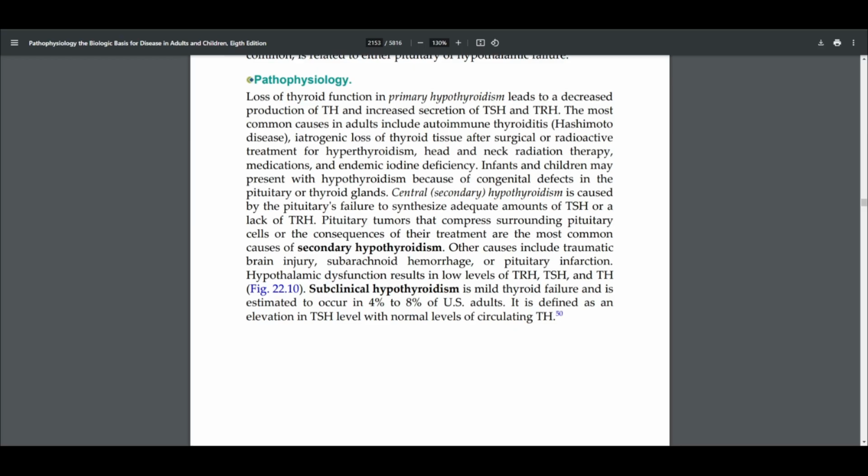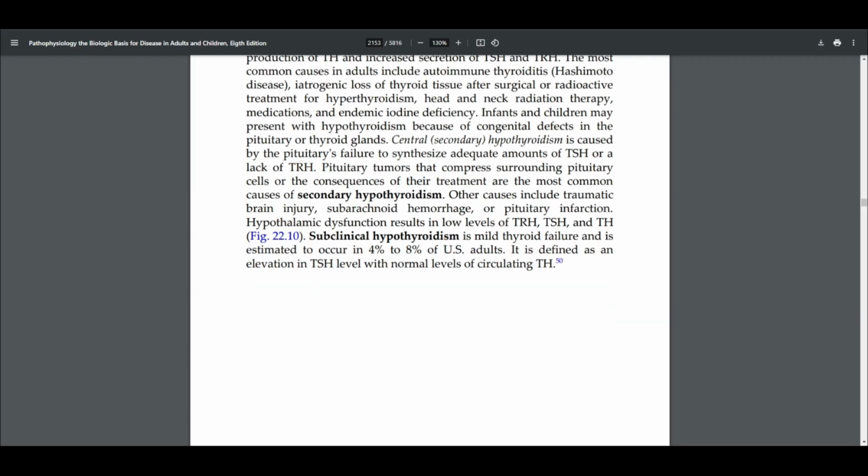Other causes include traumatic brain injury, subarachnoid hemorrhage, or pituitary infarction. Hypothalamus dysfunction results in low levels of TRH, TSH, and TH. Subclinical hypothyroidism is mild thyroid failure and is estimated to occur in 4 to 8% of U.S. adults. It is defined as an elevation of TSH level with normal levels of circulating TH.